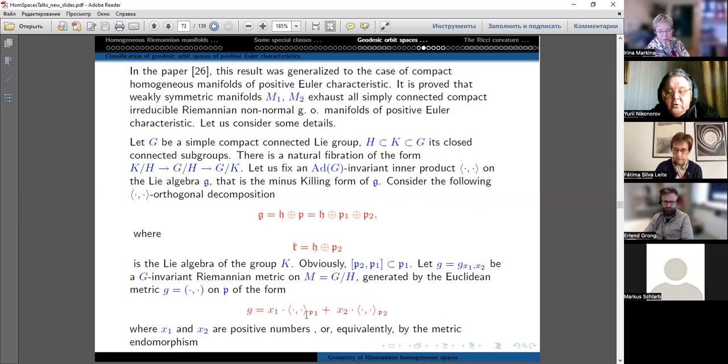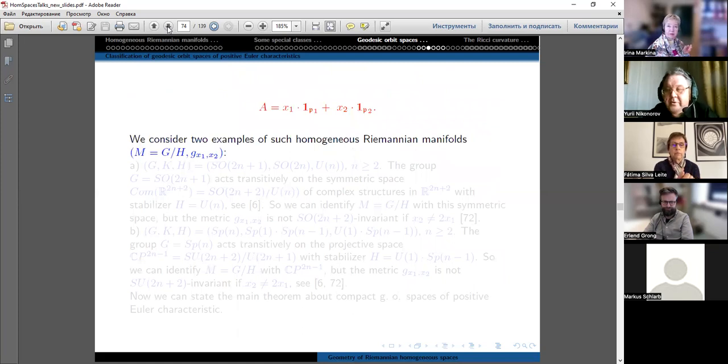We take a normal matrix, which denoted by these symbols, and multiply it by some positive numbers x1 and x2 in different directions. Okay, it's not so difficult to check, in fact, that these metrics have the property to be geodesic orbit. But it's very difficult to prove that only this example we can get in these cases.